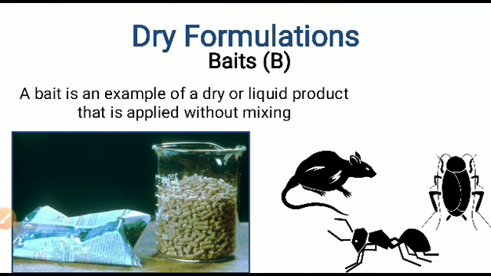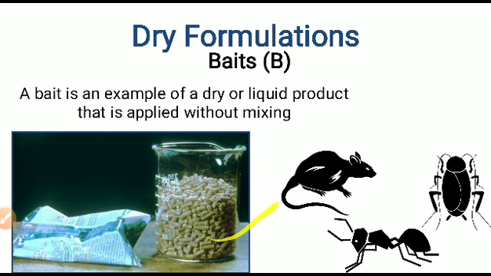Next is the dry formulation. Dry formulation can be divided into two types. The first is ready to use, and the second is a concentrate that must be mixed with water to apply as a spray. Here the bait is a best example of a dry or liquid product that is applied without mixing.